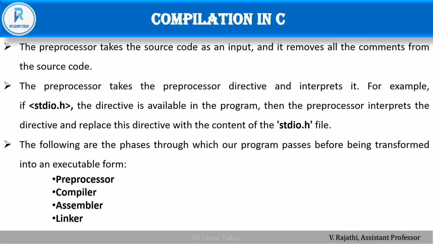Next, the preprocessor takes the source code. The first step is the preprocessor. The preprocessor takes the source code as input and removes all the comments from the source code. Comments are written using double slash, or slash star and ending with star slash.